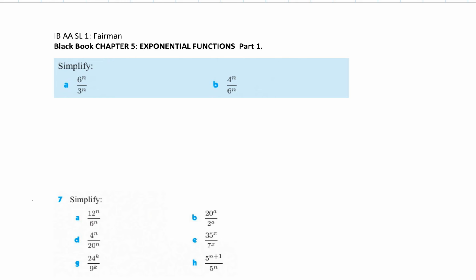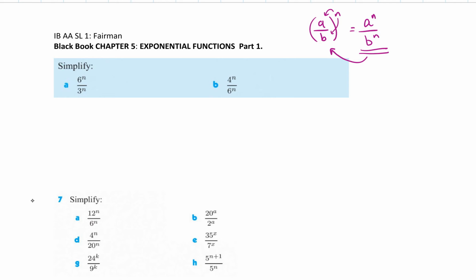Remember, if I had a fraction like a over b, if all of that was raised to the n power, the n could be distributed to both of those parts.